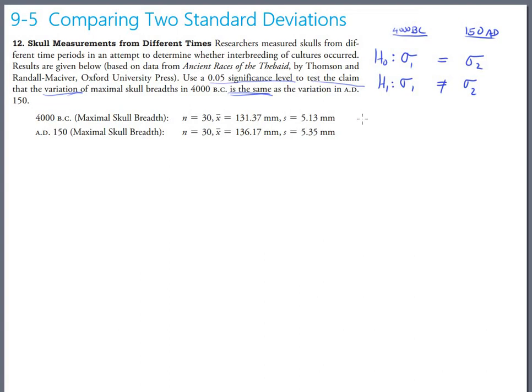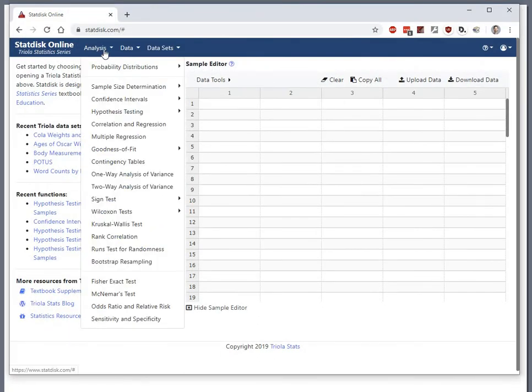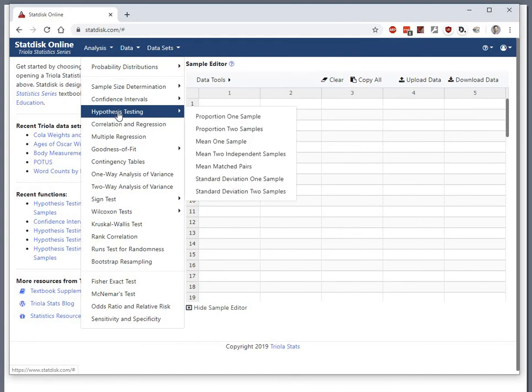And we're ready for a p-value, so we are ready to go to StatDisk. Let's see, we have a 0.05 significance level. Okay, so let's pull up StatDisk. And under analysis, we want to go to hypothesis testing, and down there at the very bottom of the list, we've done this entire list now, is the standard deviation comparing 2 samples.